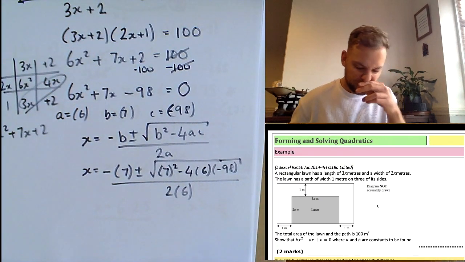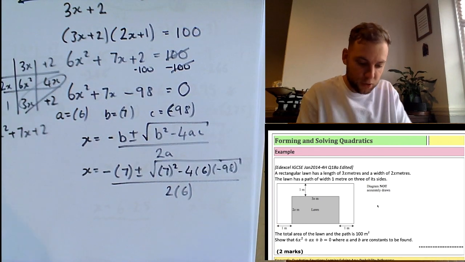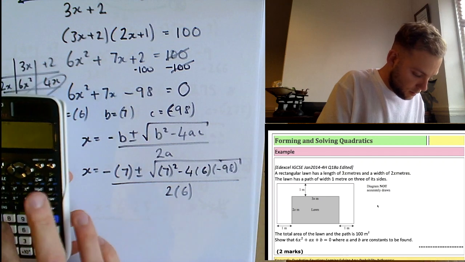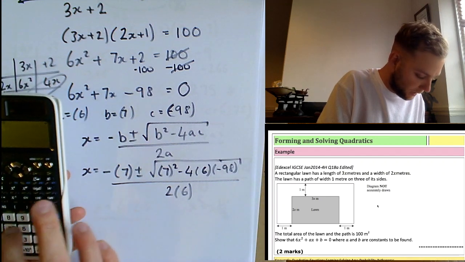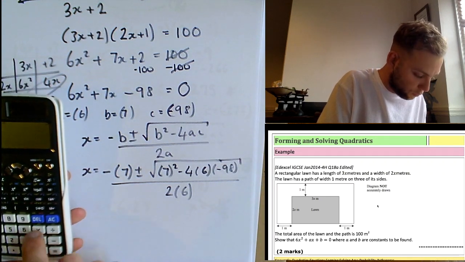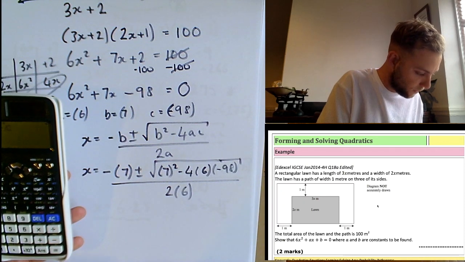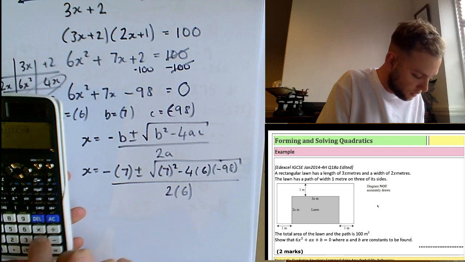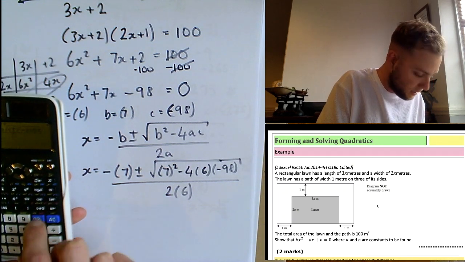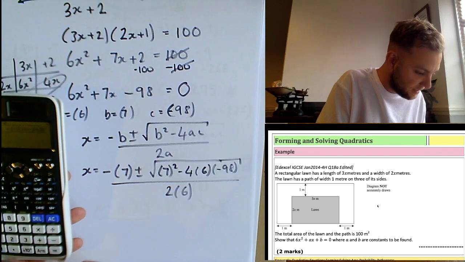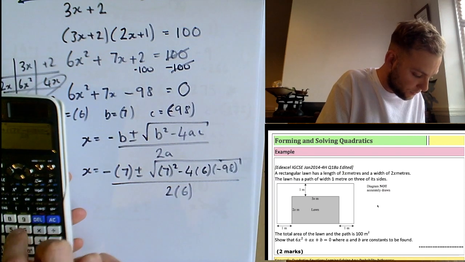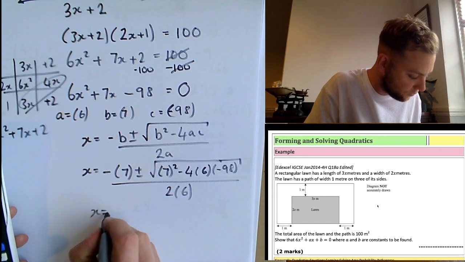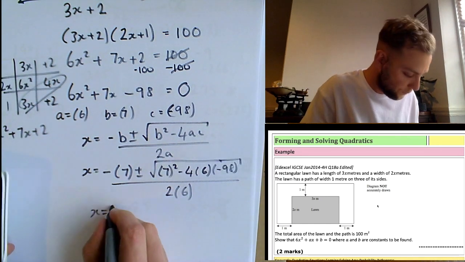Okay. So then I'm going to substitute it in. So fraction button first. Minus bracket 7 bracket plus the square root of bracket 7 bracket squared minus 4 times 6 times negative 98 all over 2 times 6, which gives me 7 over 2. x is equal to 7 over 2.